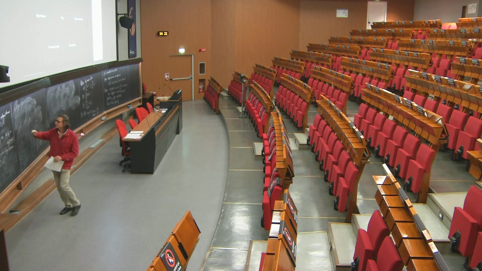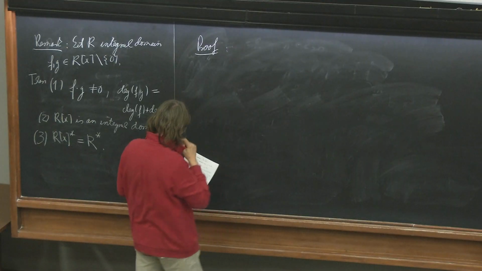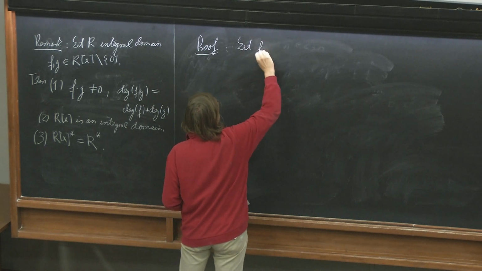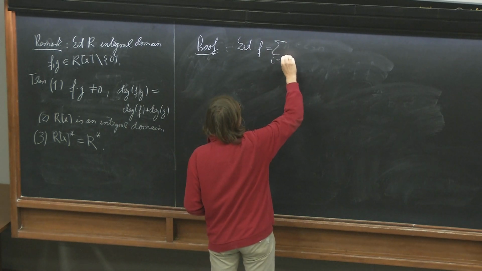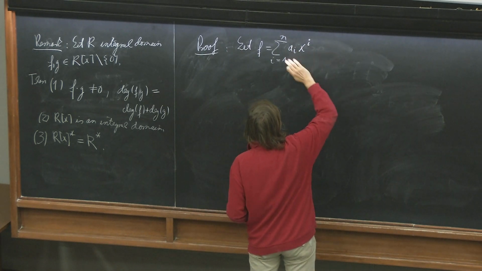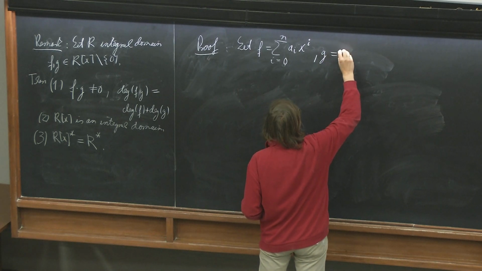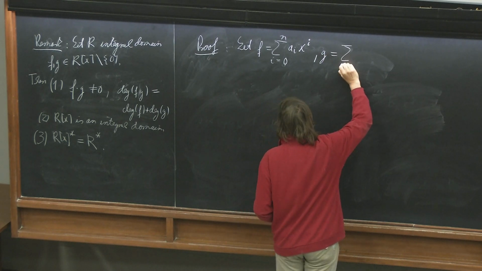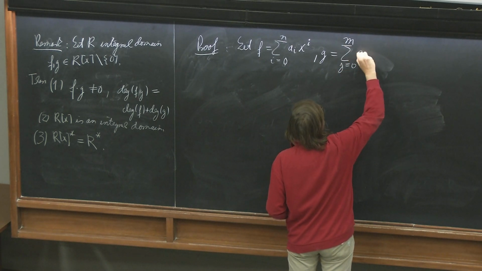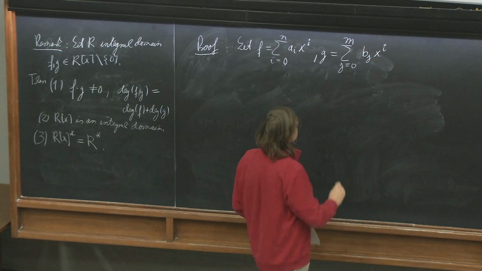So let's prove it. We take f and write f down: f equals the sum for i equals 0 to n of a_i x^i, and g equals the sum for j equals 0 to m of b_j x^j.